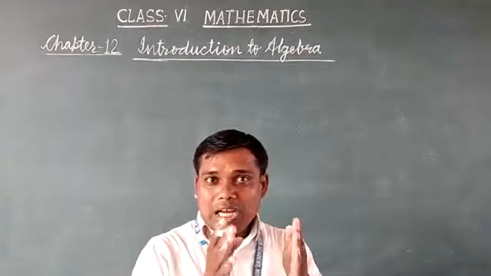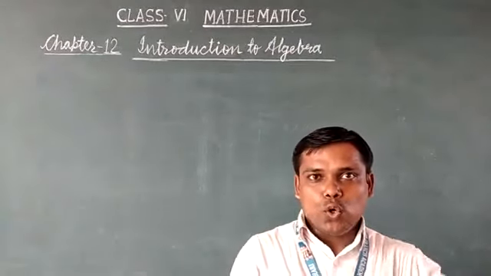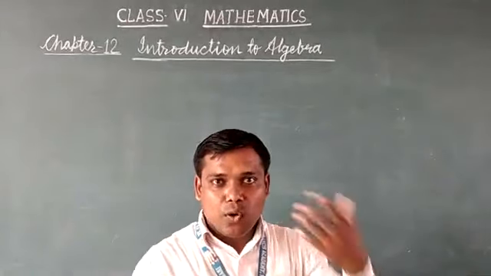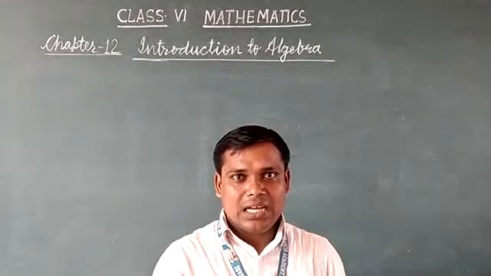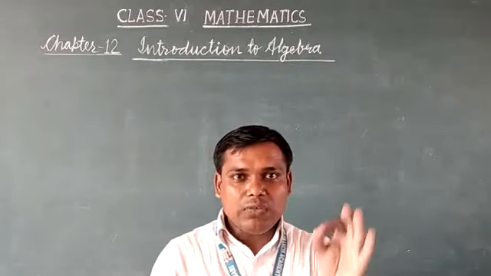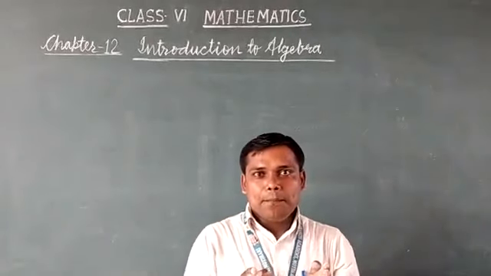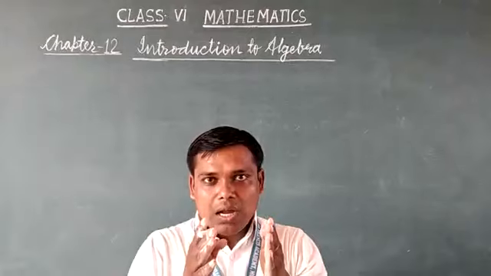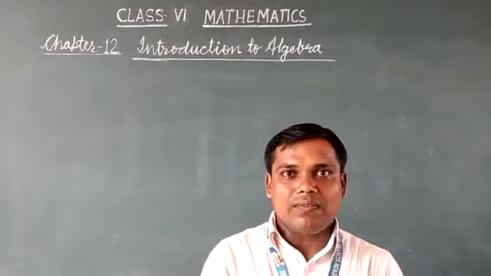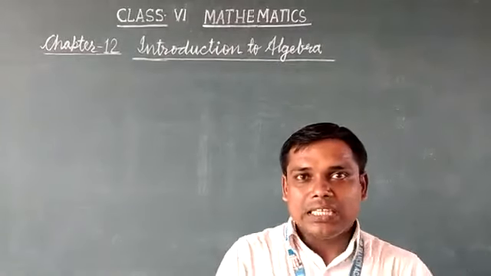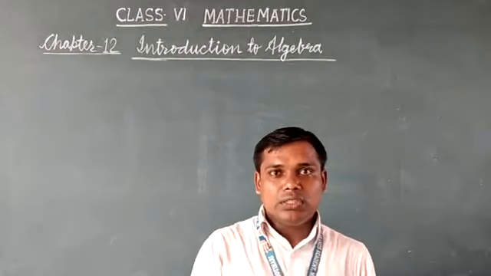We do not know how much money Shyam has, so we cannot write the number he has. We use some alphabets instead of the numbers, because we don't have an idea of the money that Shyam has.